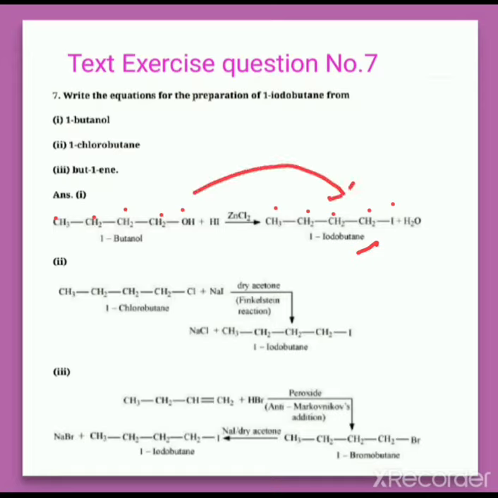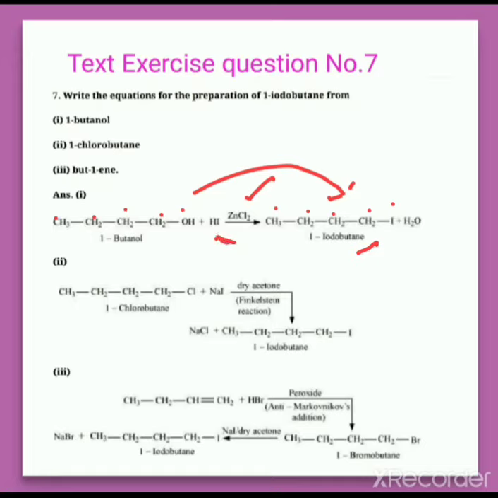So which reaction is suitable here? We can use HI in the presence of zinc chloride. This reaction we have learned, that is the reaction of alcohol plus HX in the presence of ZnCl2 gives rise to haloalkane. But in place of HX, we need to specify X should be I here, because we want an iodo product.